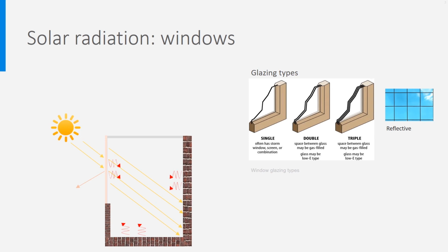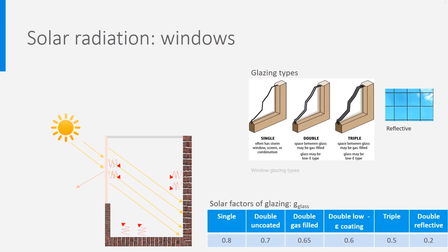In the blue table, you can see typical values for the G factor of different types of glass. Here too, G glass, the solar factor, is the ratio between the radiation that comes into the room and the solar radiation received by the window. So, as you see in the table, single glass is the one resulting in the highest penetration of solar radiation with a G of 0.8.